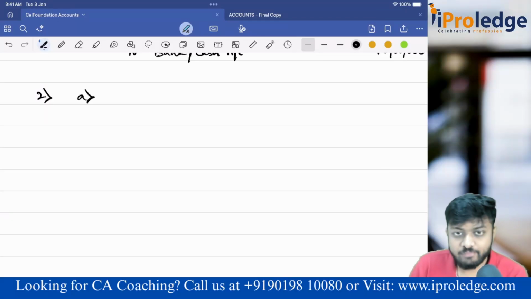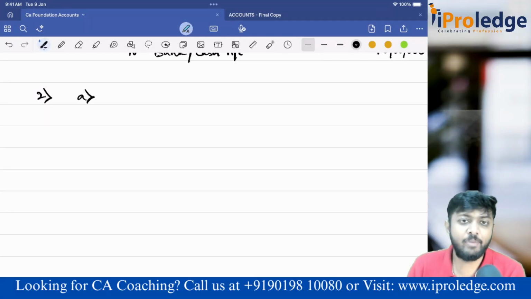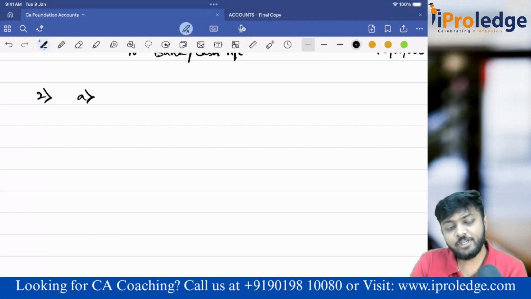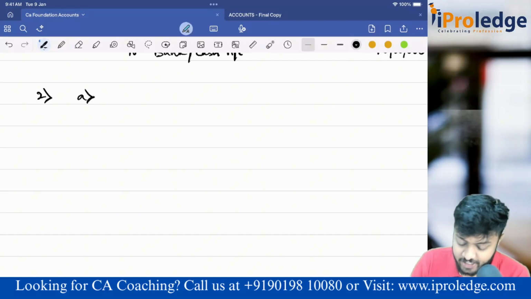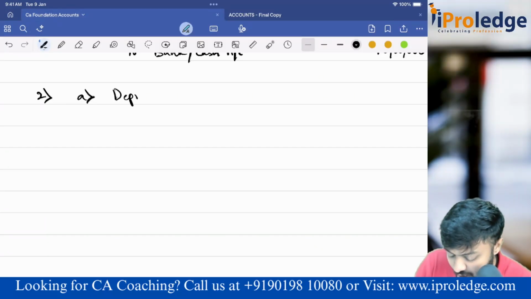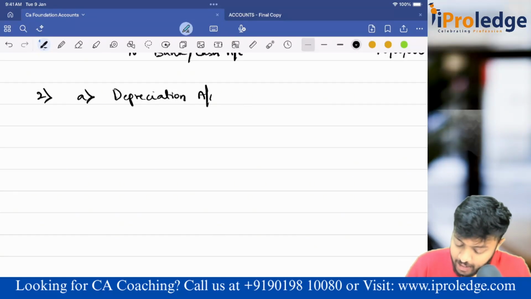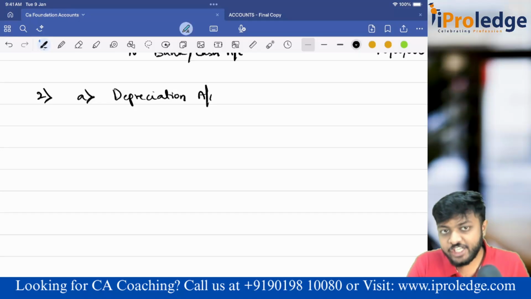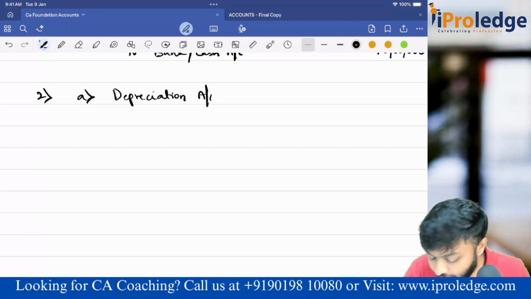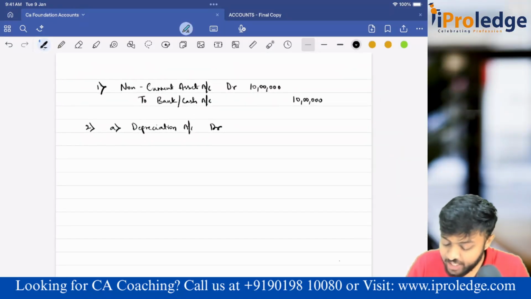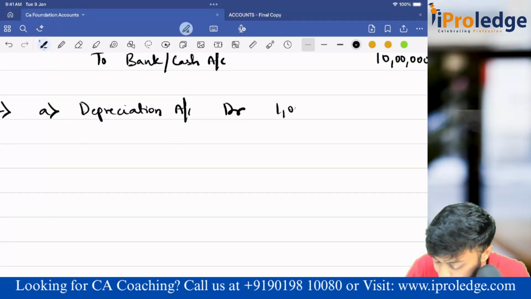One possibility: the moment you are providing depreciation, depreciation is an expense that is increasing. So depreciation account is an expense. Expense increasing, debit. Let me assume that depreciation is 1 lakh rupees per annum. So 1 lakh. To, what is happening?